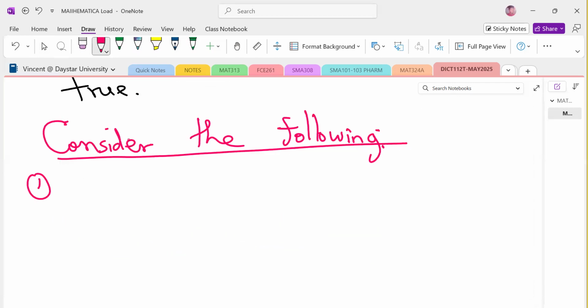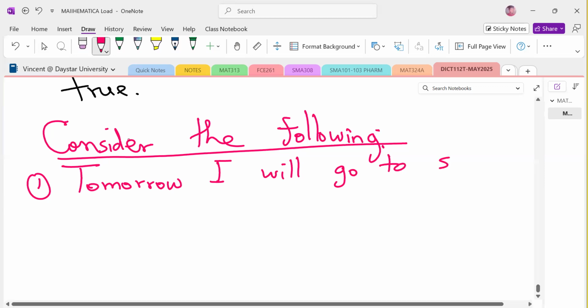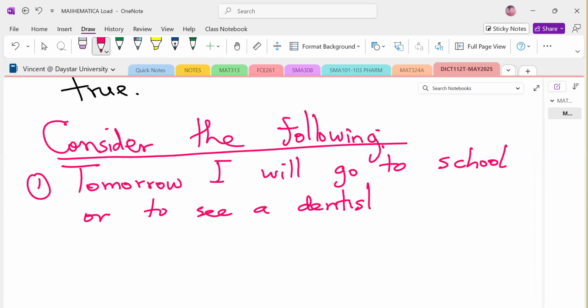One: tomorrow I will go to school or to see a dentist at Nairobi Hospital.